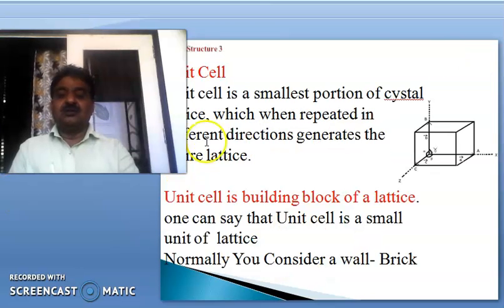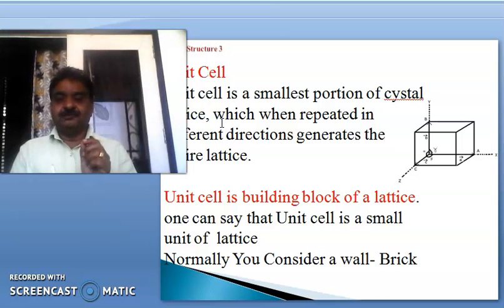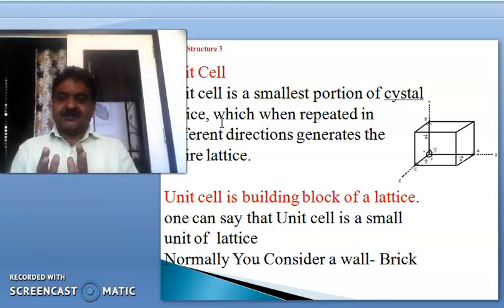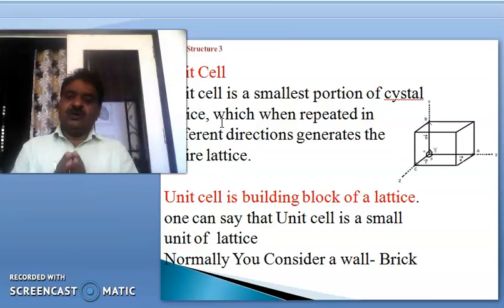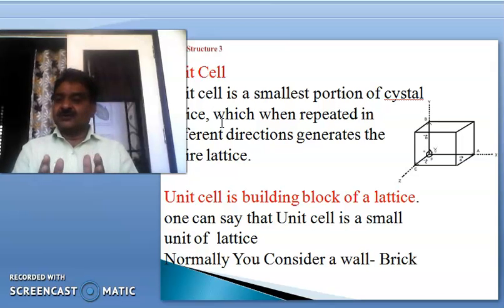Now let us turn towards the next concept, that is the unit cell. What is a unit cell? I will tell you a simple example. Suppose you have a wall. You know a wall. A wall is constructed using what? Either bricks or stones, isn't it?